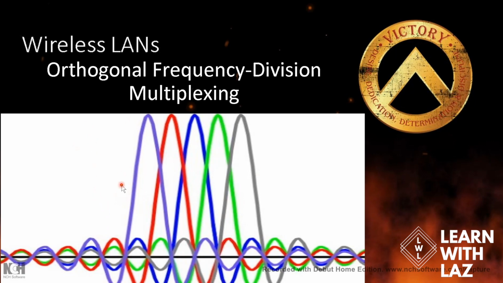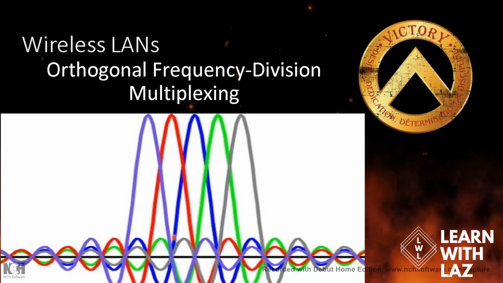Here is OFDM. Let's look at the different colors. You have purple, red, blue, green. Then it's going to send a signal here, but here we have a little gap. Remember, from peak to peak, that's the phase. When this is peaking, let's say it's at 1, the other ones are down here at 0.